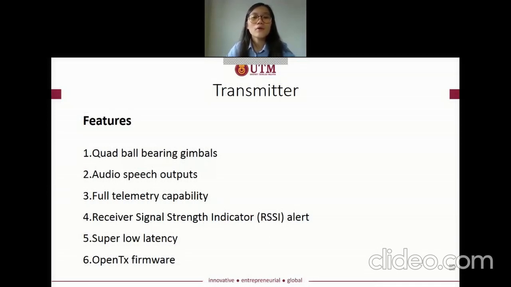Fifth, super low latency ensures the data messages are transmitted with minimal delay to minimize the probability of crashing the airplane. Last, OpenTX firmware allows editing the settings and running radio simulation.